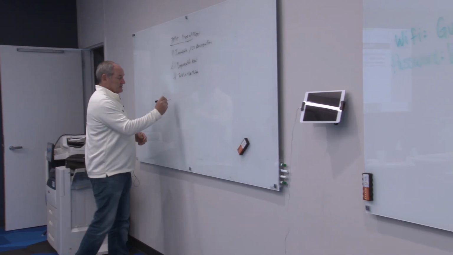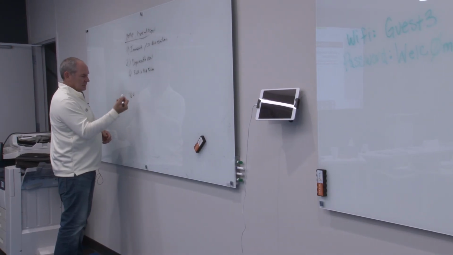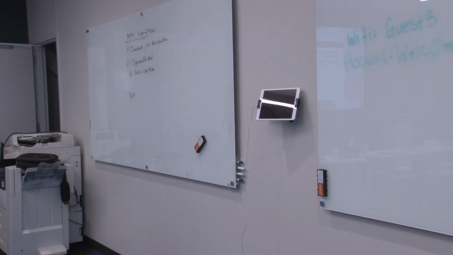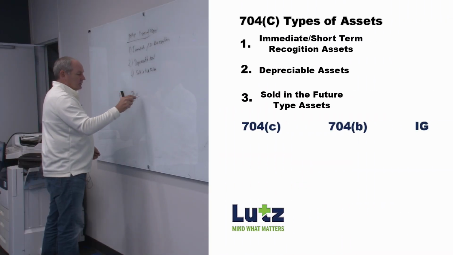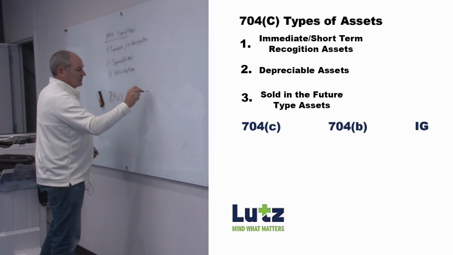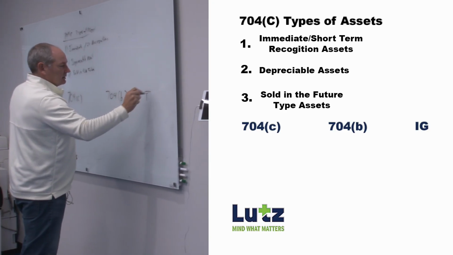So I have a 704C, 704B, and you have inherent gain, right?